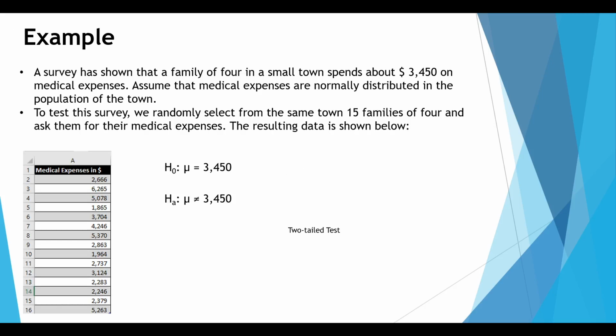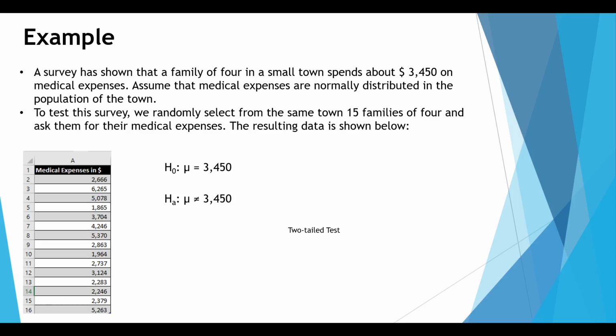Let's have a look at the following example to better understand all these concepts. A survey has shown that a family of 4 in a small town spends about $3,450 on medical expenses. We assume that medical expenses are normally distributed, and we test the survey and we randomly select from the same town 15 families of 4 and ask them for their medical expenses.